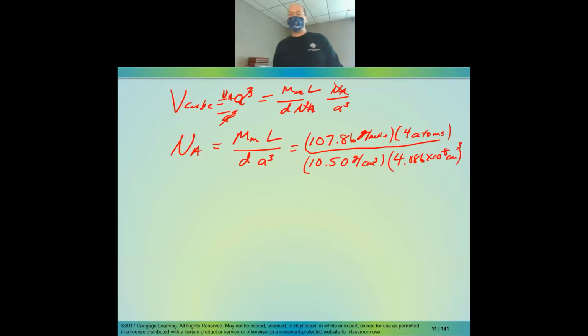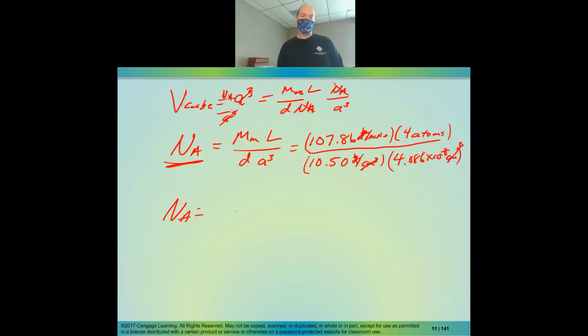You're going to have centimeters times centimeters times centimeters when you cube that. And so the centimeters cubed will cancel the centimeters cubed. The grams and the grams per mole will cancel the grams in the density. And so the units you're left with are atoms per mole, which are the units for Avogadro's number.